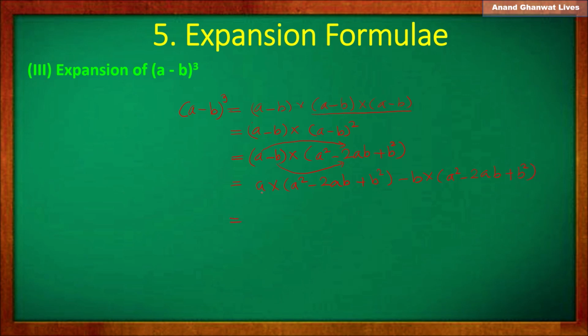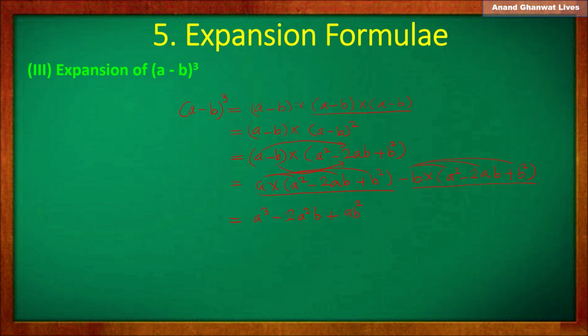Now here is the multiplication of a monomial with a trinomial. For multiplication of a monomial with a trinomial, we have to multiply the monomial with each term in the trinomial. So a into a square, the cube of a, minus a into 2ab, that is 2a square b, plus a into b square, ab square.